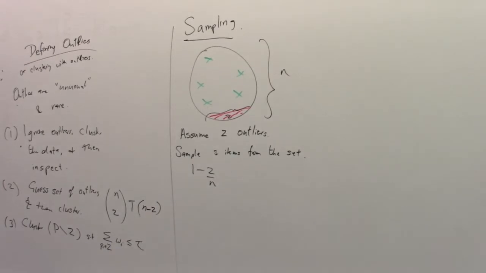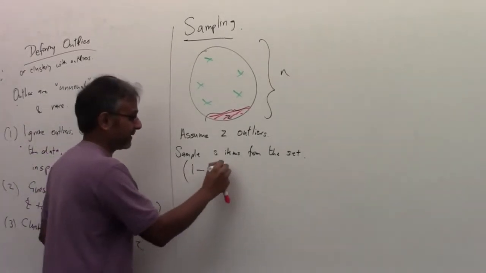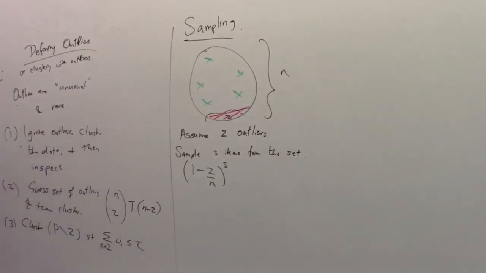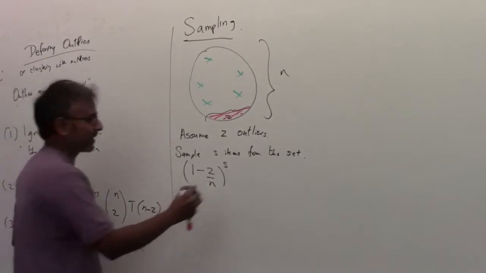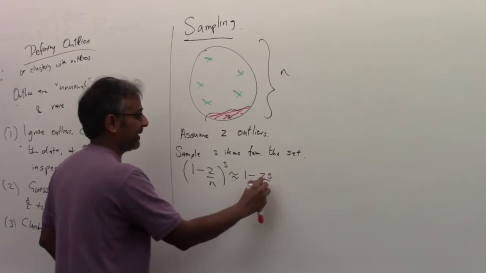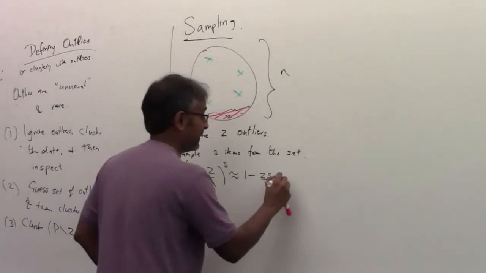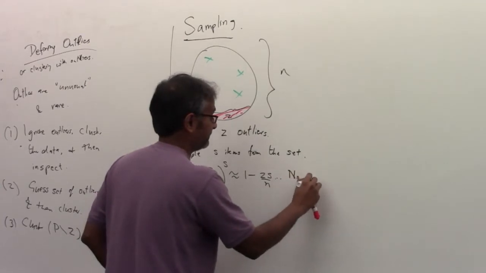I don't want to pick even one outlier, because that could just confuse me. And if the number of outliers is small enough, we can use a standard approximation. Say this is something like 1 minus Z times S over n. So this is the probability of no outliers in the sample.